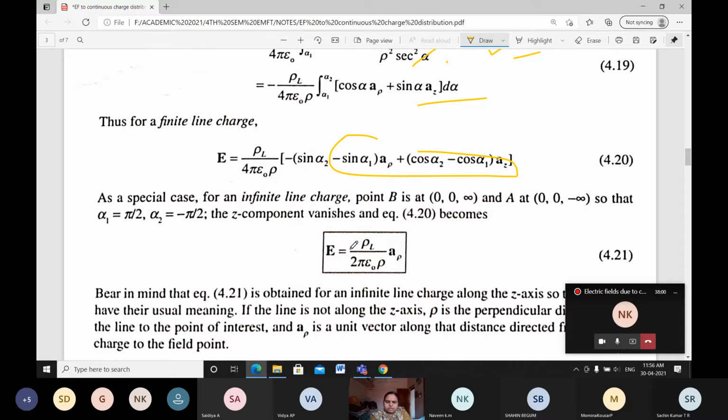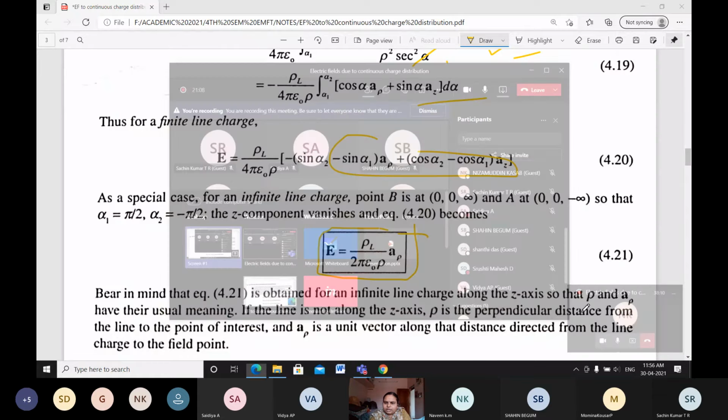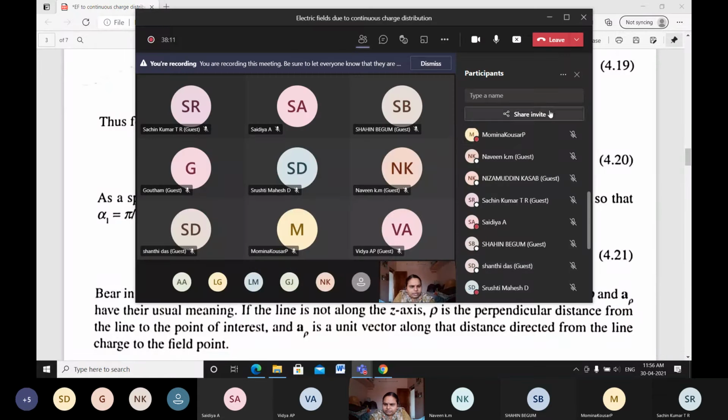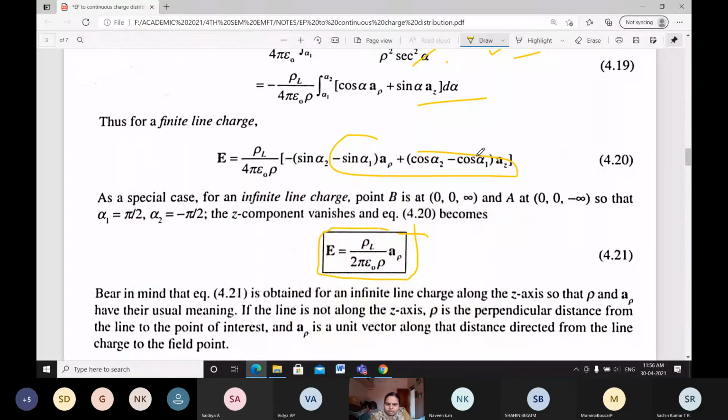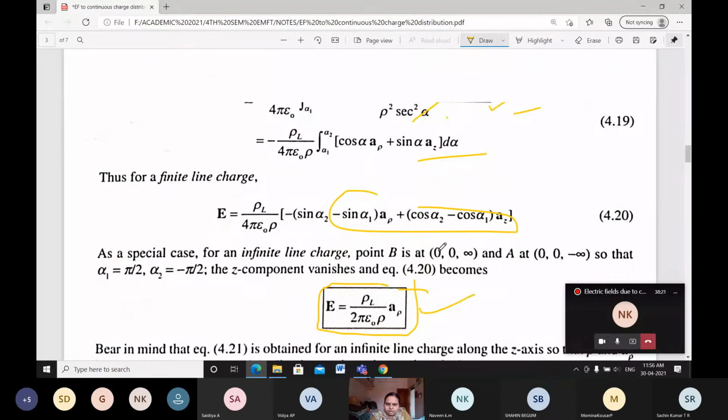We will be getting E equals rho L divided by 2 pi epsilon naught rho into a rho. This equation is very important. The equation is for the line charge. Remember the equation and the small calculation here.